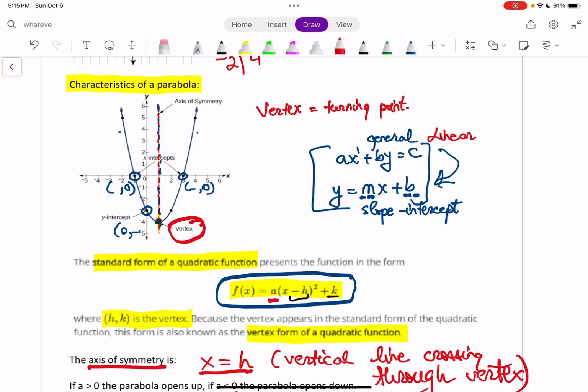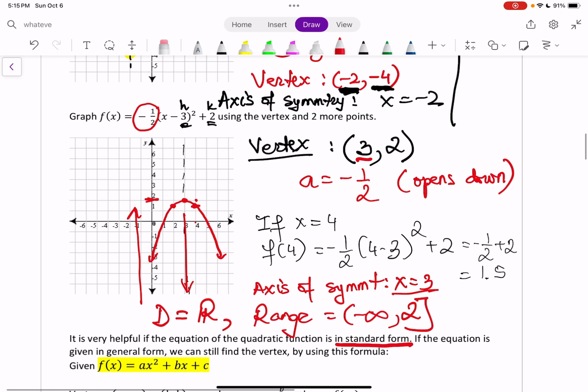If I have it in slope-intercept form, I immediately can find the graph because I have a point, the y-axis intercept, and then I know how my line is moving with the slope. So the same idea here. If I know the vertex, so specifically this point on the graph, and I know how my line is moving, in other words, what the A value is, then pretty much I have the graph of the quadratic function without any delay.